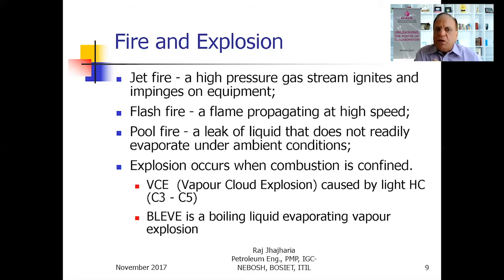This jet fire, or a huge fire, will make this tank heated, and when the tank gets heated, the liquid inside the tank will start boiling, and when it starts boiling, it will start releasing the gas which is dissolved in the liquid, and that gas, when it keeps on increasing inside the tank, will pressurize it so much that it will explode like a bomb. Again, this will cause huge damage. Of course, not as big as the VCE, but still quite extensive. So this is called BLEVE. In short, we call it BLEVE explosion.